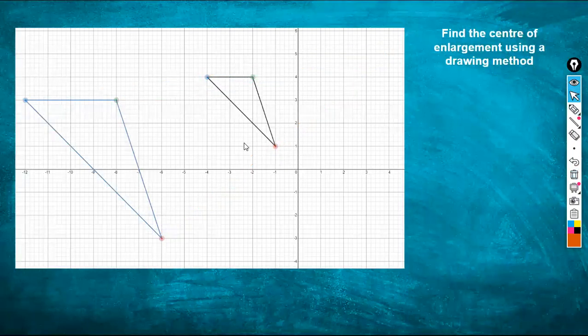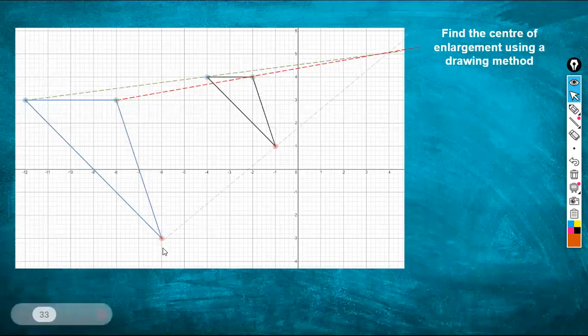Here's how you find the center of enlargement. You all see what I did? The 2 similar points, I connected them and extended it backwards to the end of the graph paper. And then I'm going to do the same thing for all the similar points. Look at this. These 2 similar points, I backtrack it. And this one here, I'm going to backtrack it.